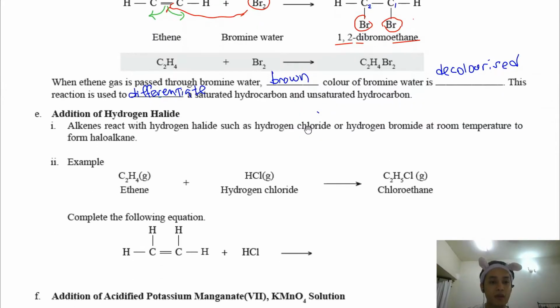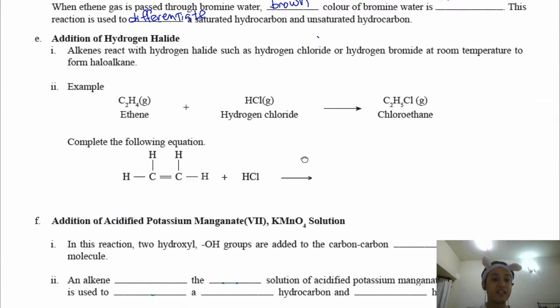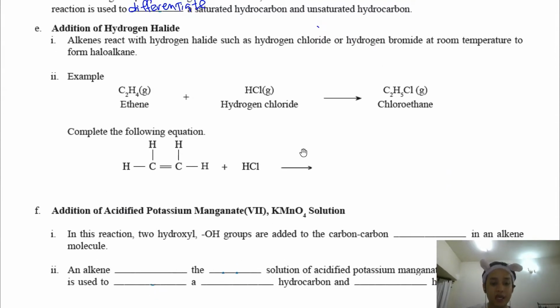Let's move on to the next addition reaction, which is the addition with hydrogen halide. So you will have HCl, HBr, HI. The same thing will happen here: the hydrogen chloride will be added to the double bond.